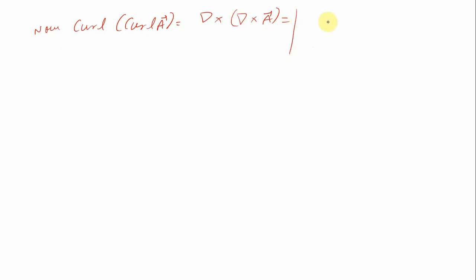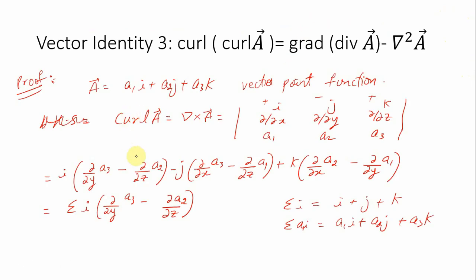Now this is going to become the determinant with i, j and k, dou upon dou x, dou upon dou y, dou upon dou z. Here we are going to substitute a1, a2, a3 beside i, beside j and beside k.